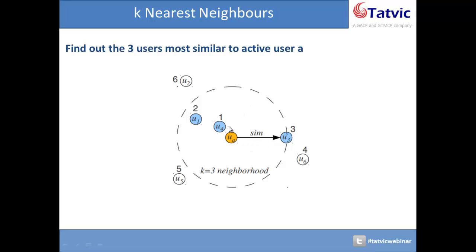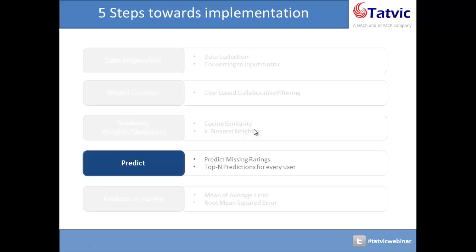In this case, you can see that user 1, user 4, and user 3 are similar users, and they are identified using some similarity threshold. So we have identified the similar users.